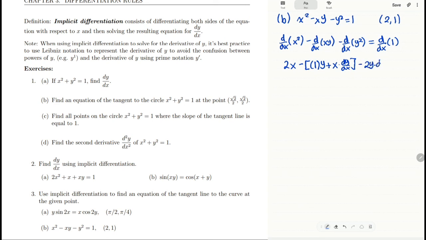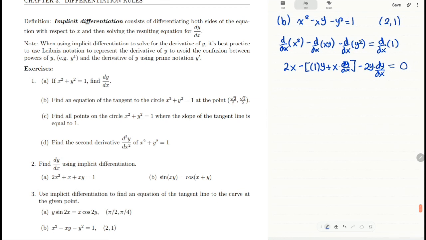This is 2y times dy over dx, and this is equal to 0. So let's simplify. We have 2x minus y minus x times dy over dx, minus 2y times dy over dx is equal to 0.